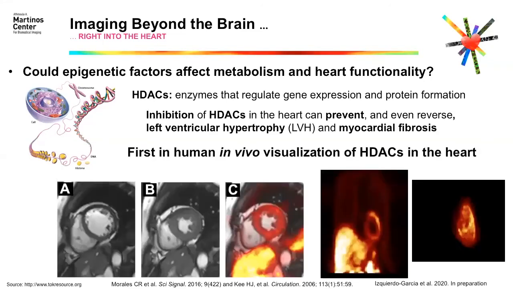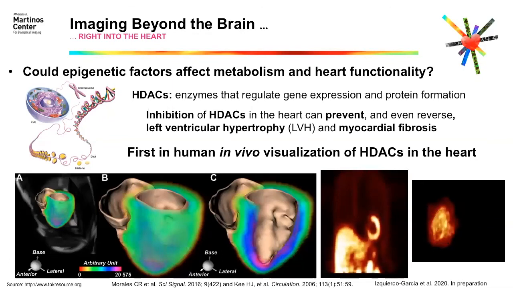And this is something we've been looking at in collaboration with David Sosnovic and Jacob, basically looking at how the heart is changing, likely due to those epigenetic factors that affect HDAC expression, and that downstream has an influence on protein formation and gene expression, basically. We are still working on this, and the images are absolutely stunning from the point of view of using nicely 4D reconstructed images, basically cardiac-gated images.